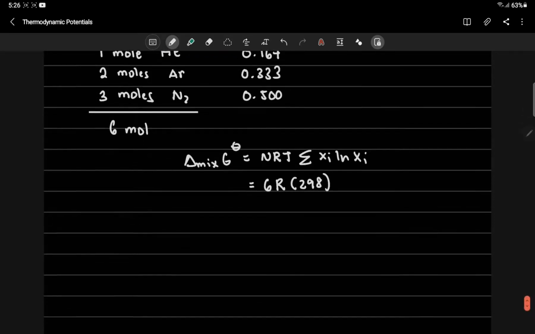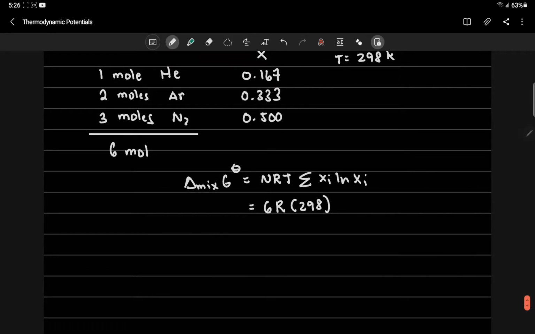And then the sum of xi ln xi for all components. Okay, so that would become 0.167 ln of 0.167 plus 0.333 ln of 0.333 plus 0.5 ln of 0.5.